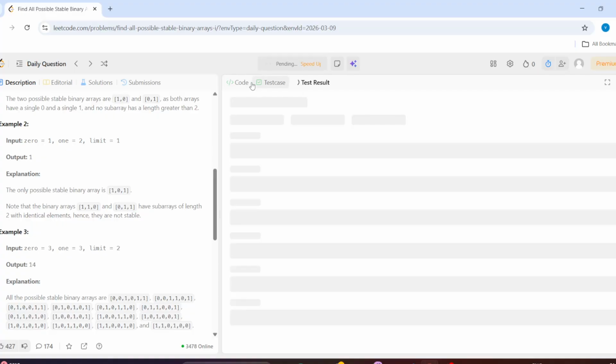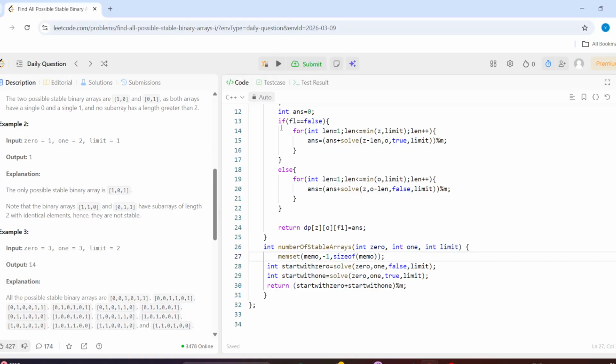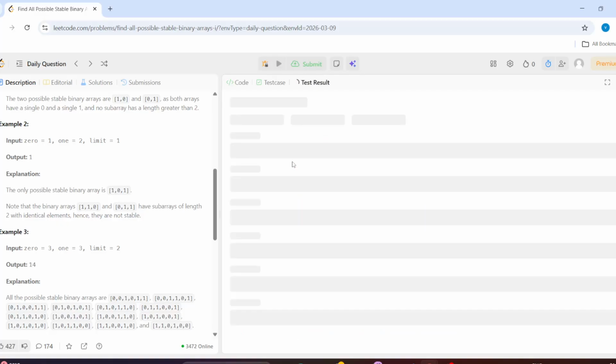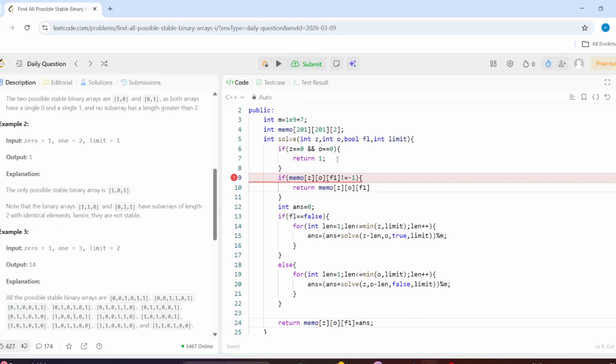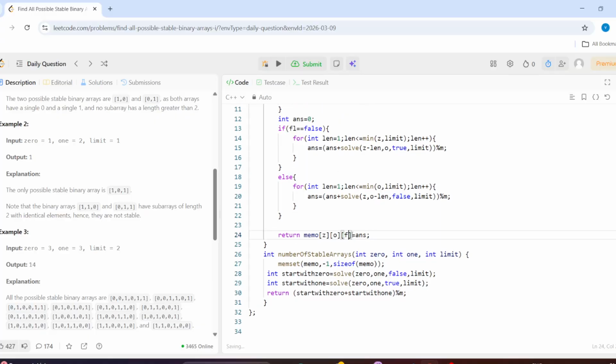Let's run it. Here we have to write the memo. I think it will run now. This is flag.